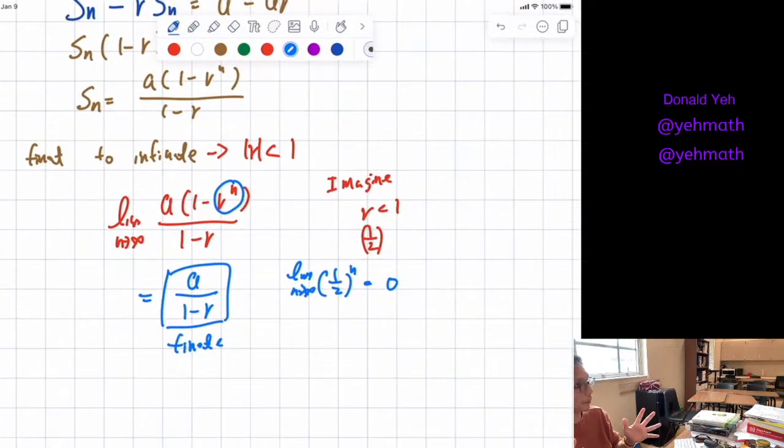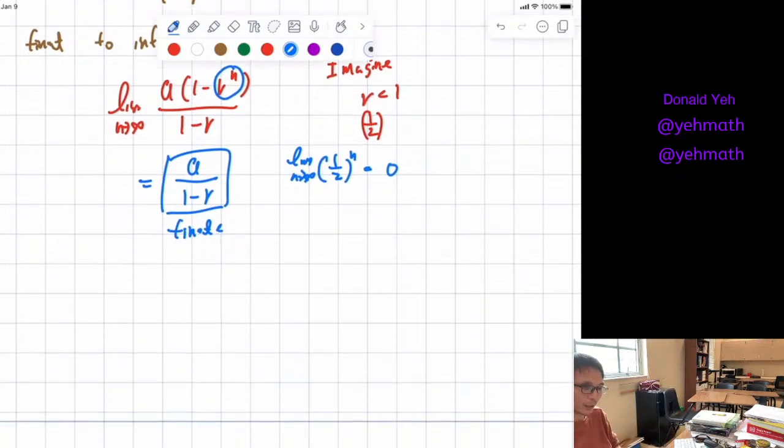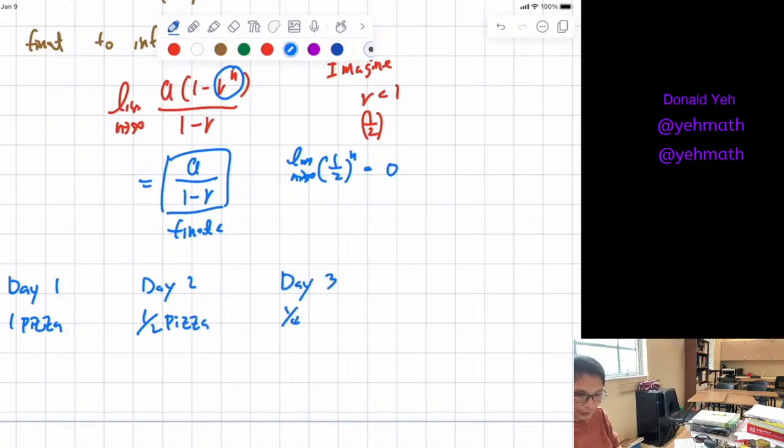I'm going to apply both. How do I say apply both? For example, that one pizza situation, right? The first day, day 1, I'm going to eat 1 pizza. Day 2, I'm going to eat half pizza. Day 3, I'm going to eat a quarter pizza.